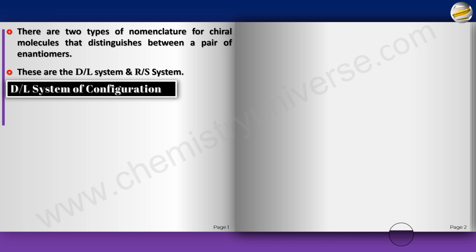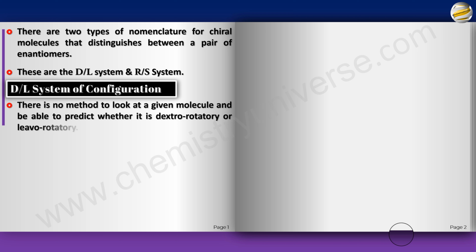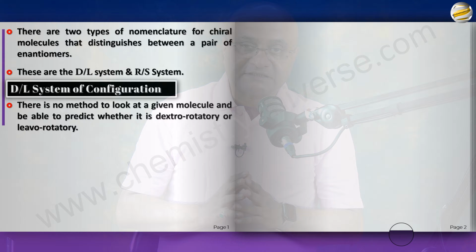Now there is no particular method to look at a given molecule and be able to predict whether it is a dextrorotatory or a levorotatory compound. This is something I've already mentioned when we began optical isomers, that it is not possible simply to look at a molecule's configuration, or its Fischer projection, and determine whether it is going to rotate dextro or levo.